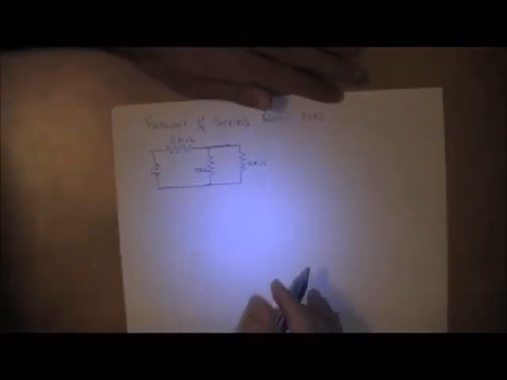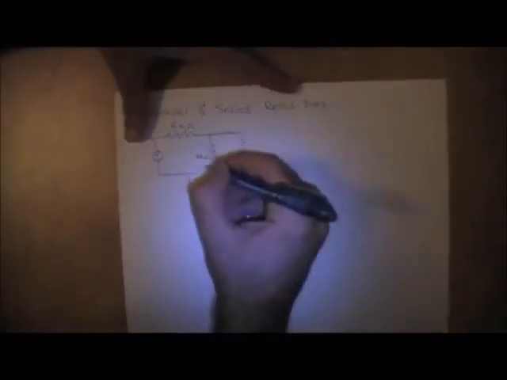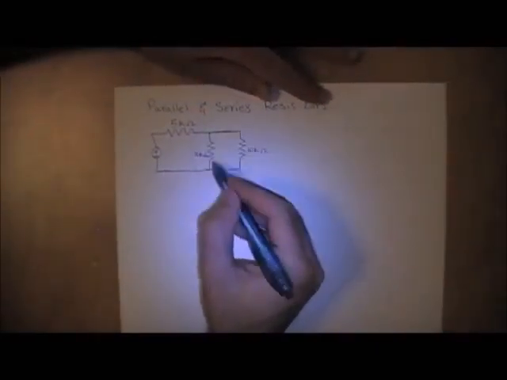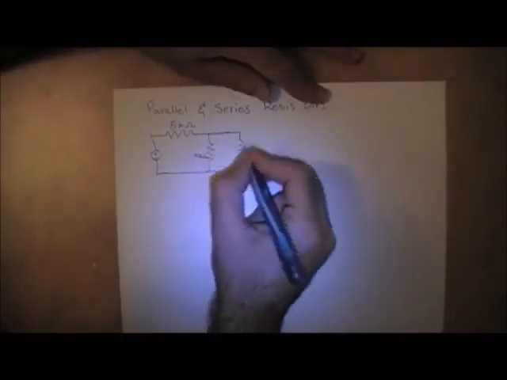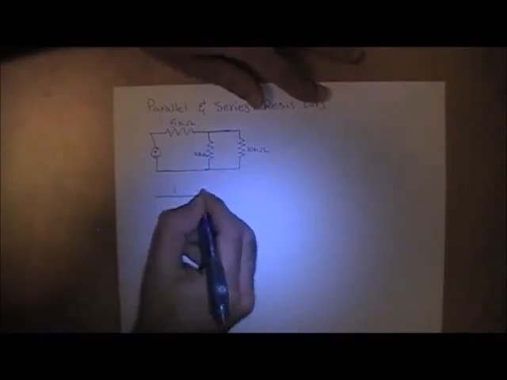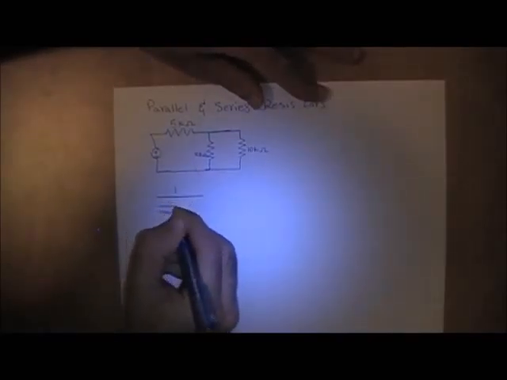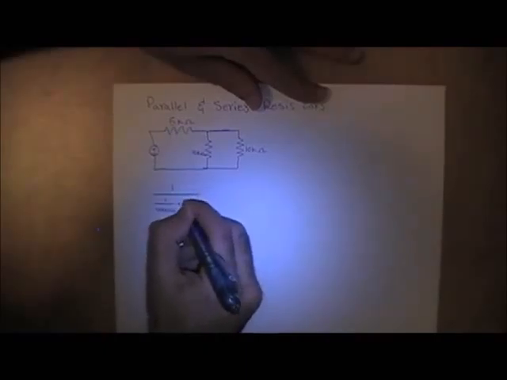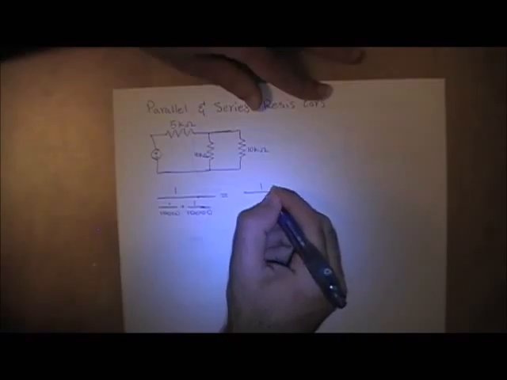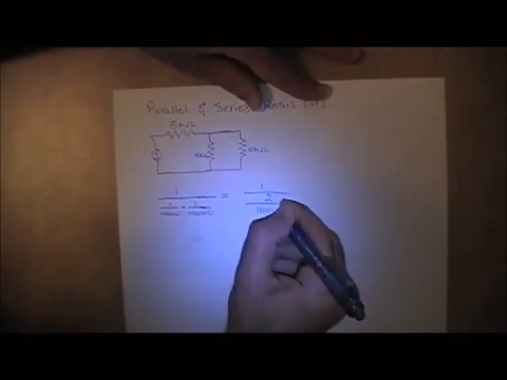So how do we find the equivalent resistance of this? It's pretty simple. We have to break down the entire circuit. So we have to break the parallel part and divide it, and then break the series part. To make matters a lot simpler, we're going to deal with the parallel part first. So as before, it's 1 over 10,000 plus 1 over 10,000, which is equal to 2 over 10,000.